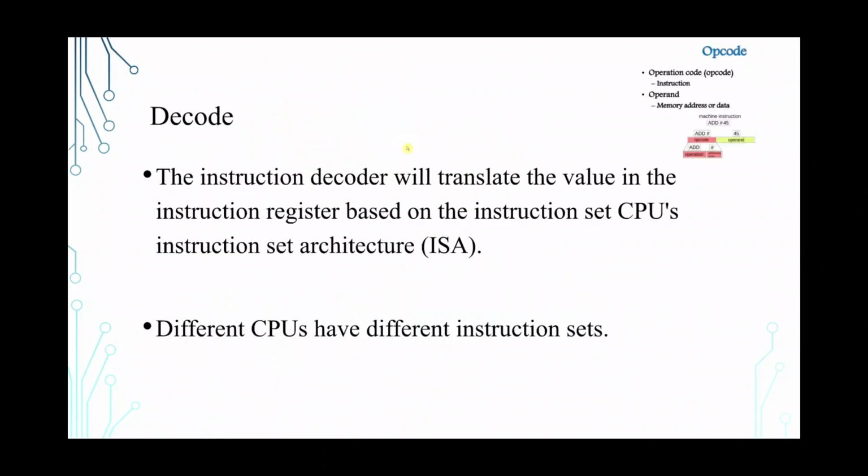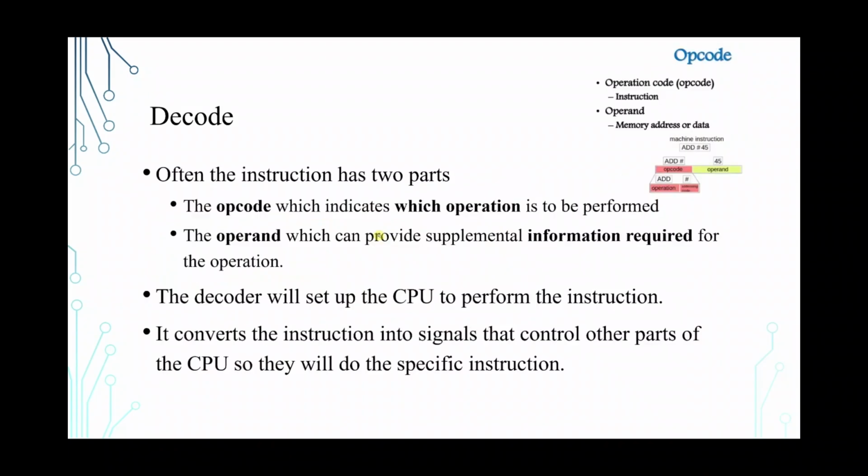Then the decode. The instruction decoder will translate the value in the instruction register based on the instruction set of the CPU, which we call the instruction set architecture, ISA. Different CPUs have different instruction sets. Often the instruction has two parts, the opcode and the operand.